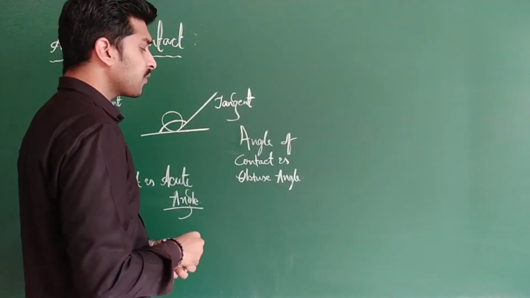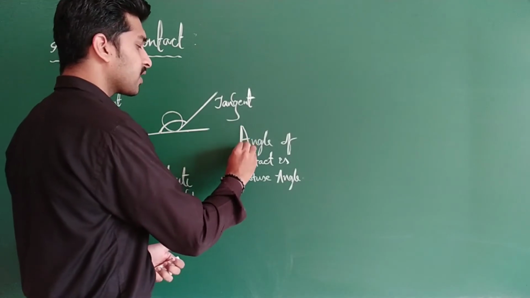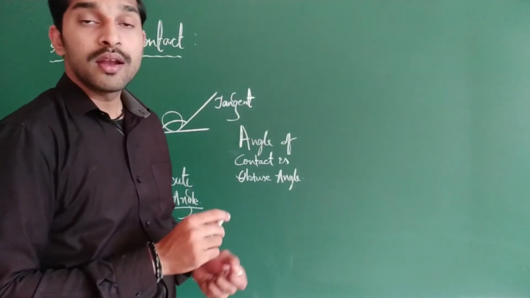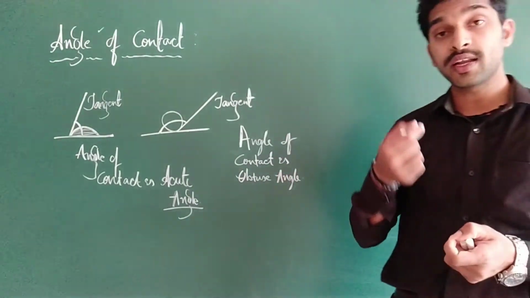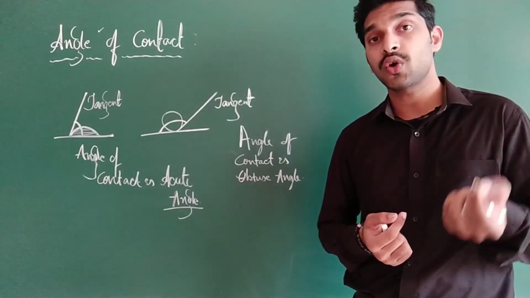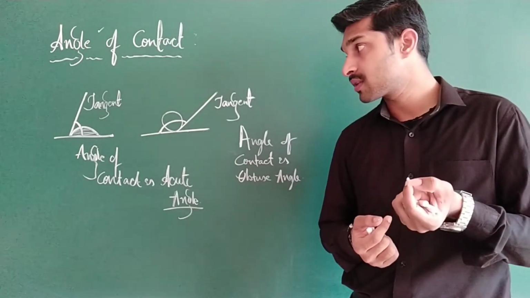So with the help of angle of contact, we can determine the nature of contact also. That means whether it is wetting the surface or not wetting the surface. Clear?